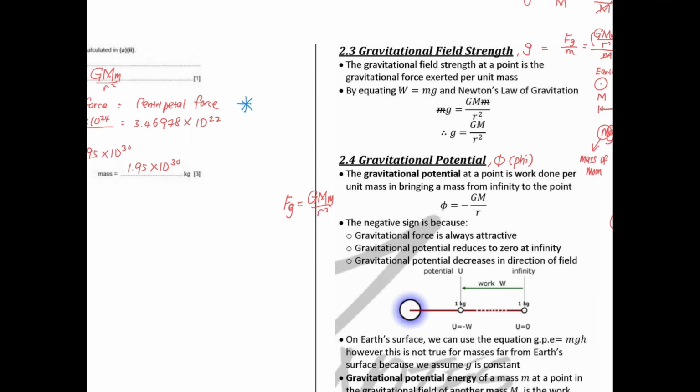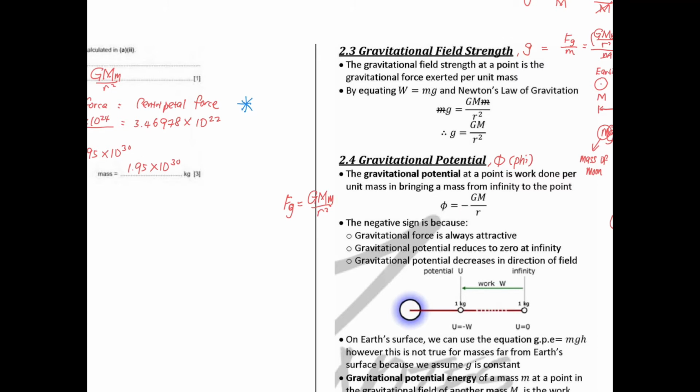In fact, this formula is supposed to have a negative also. We just ignore it to make the calculation easier. But here, we can't ignore it anymore because the negative is very important here. It means a lot.